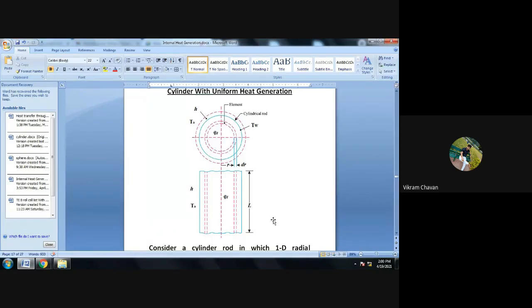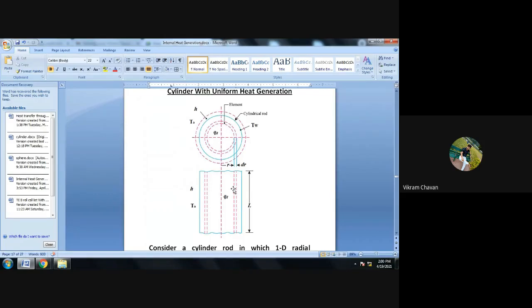In the second case, we considered that both the surfaces of the wall have different temperatures. In that case, we derived the temperature distribution equation.